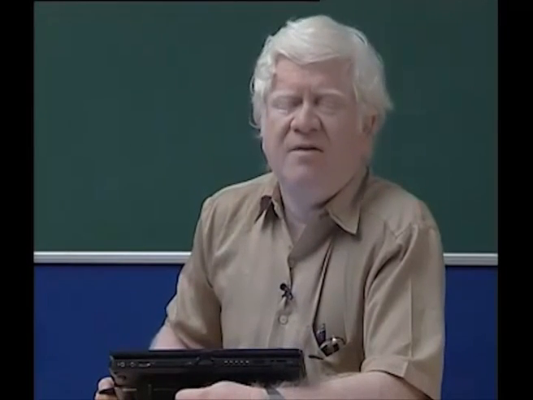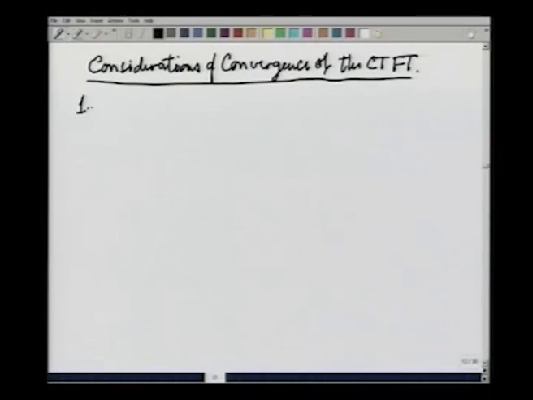So, first of all, as was the case with the Fourier series, for continuous functions, that is where x(t) is continuous, finding a convergence is not difficult. So, let us start with the various discussions about convergence.